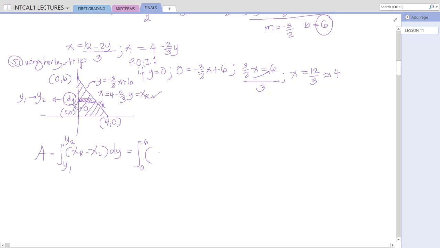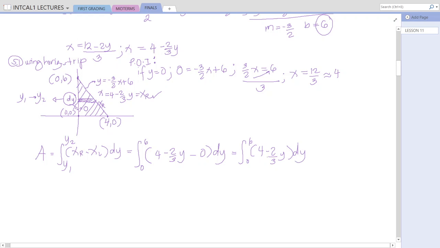So copying that, that is 4 minus 2 thirds y, and then minus the x left, which is already 0. So that is the differential coefficient with respect to y. Rewriting this, that is equal to the integral of 0 to 6 of 4 minus 2 thirds y, dy.